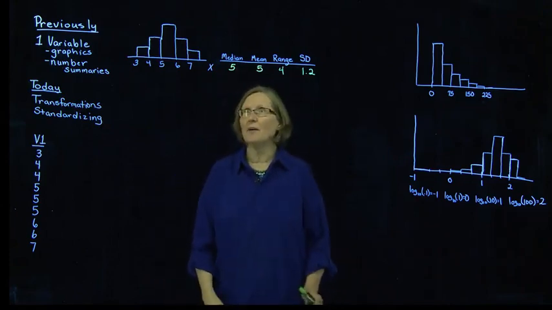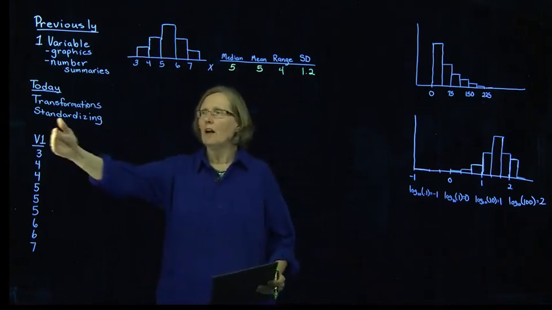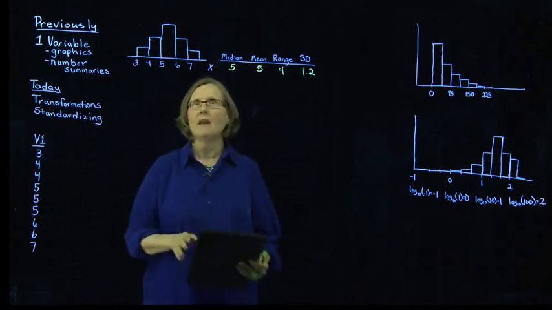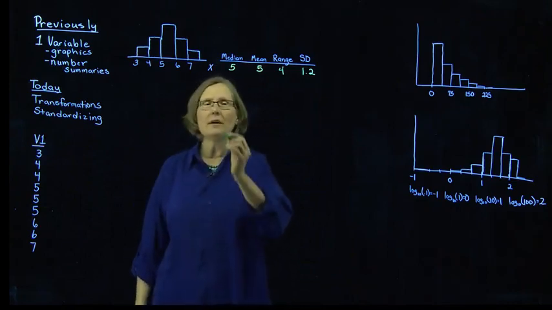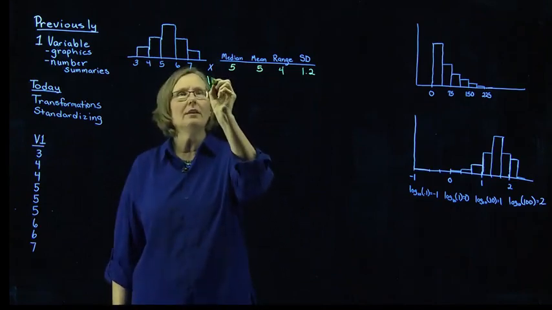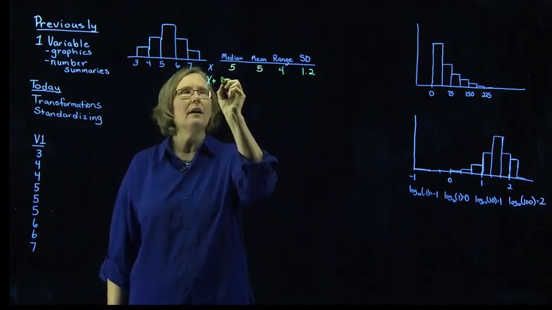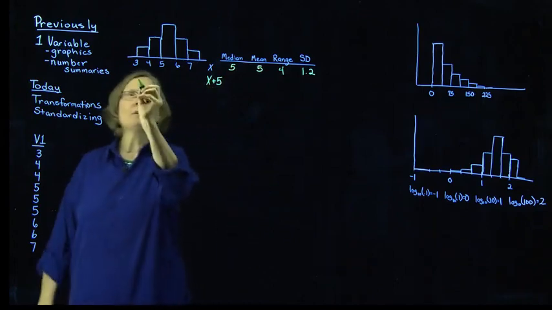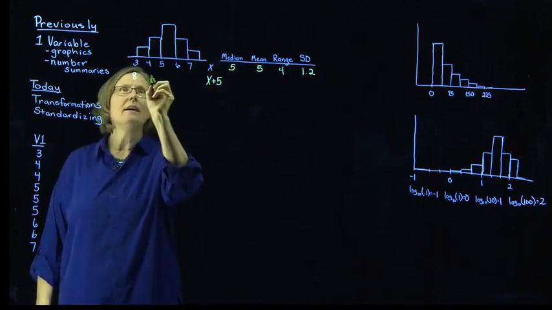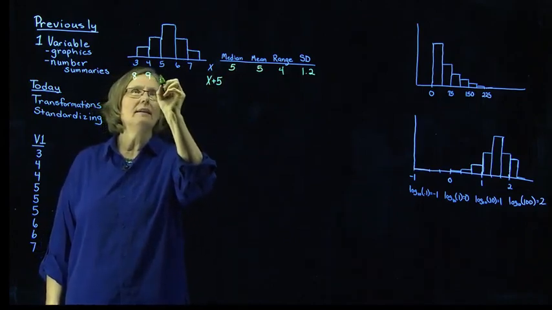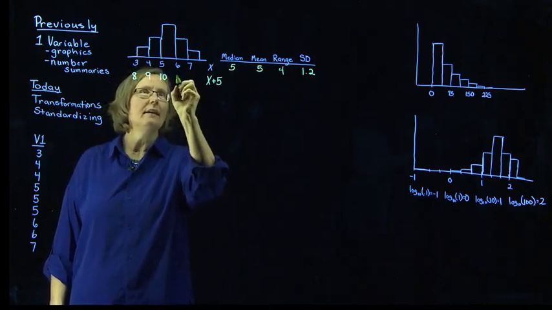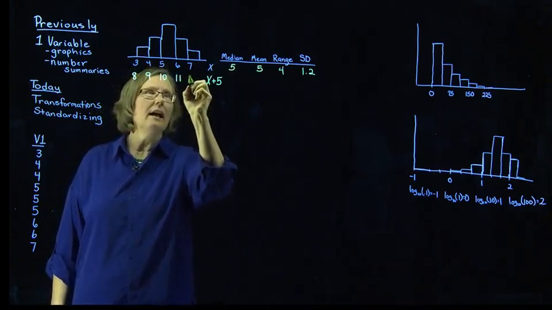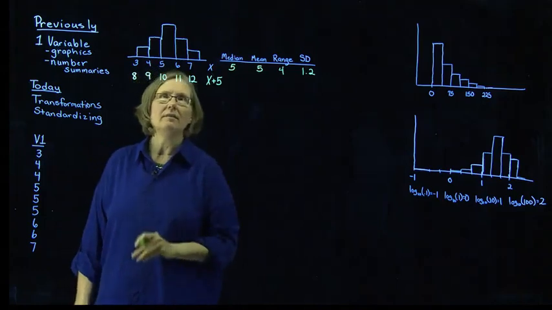So here we go. Let's start by calling this variable x. The first transformation I'm going to do is suppose we wanted to add 5 points to each data point. Now our 3 would become an 8, 4 would become a 9, 5 would become a 10, 6 would become 11, and 7 would become a 12.